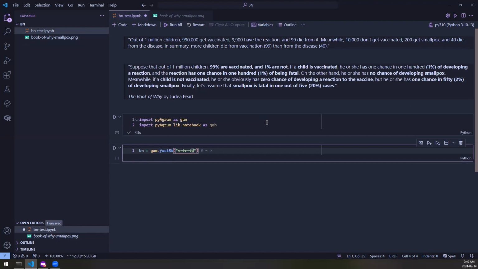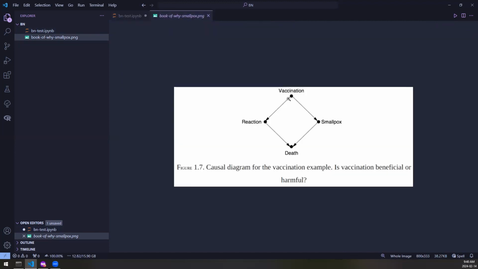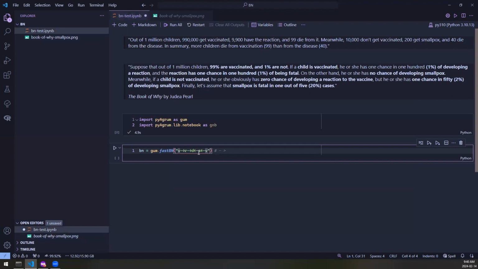So we can use the less-than symbol as we did, and then we have smallpox pointing to D, and on top of that, vaccination pointing to smallpox. This is the right side of the graph: vaccination pointing to smallpox, which points to death. We can use arrows in both directions over here. So that's it, at least the graph for that Bayesian network we have implemented.